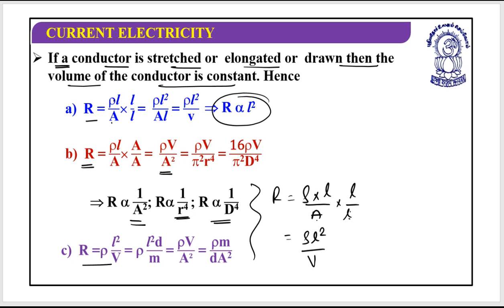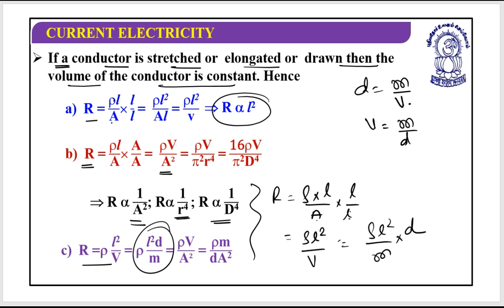Now density, I write as D. Density is equal to mass by volume. So to replace the volume, I can use mass by density. So this can be written as rho into L square divided by volume, which is mass divided by density. So you can write it as rho into L square into D by M.